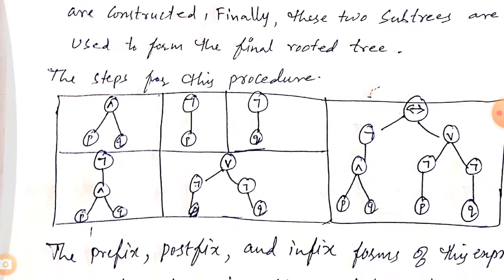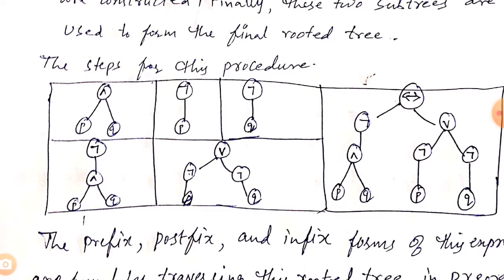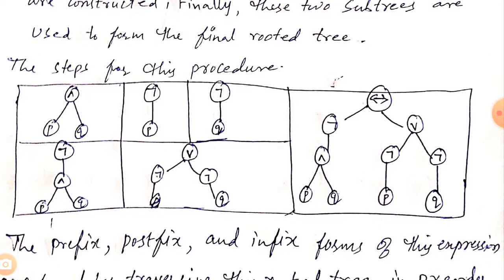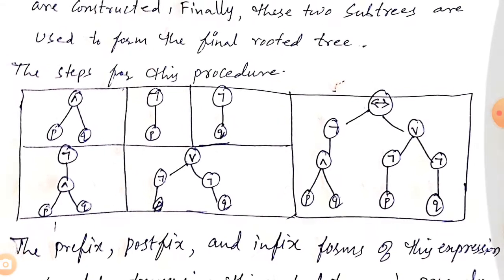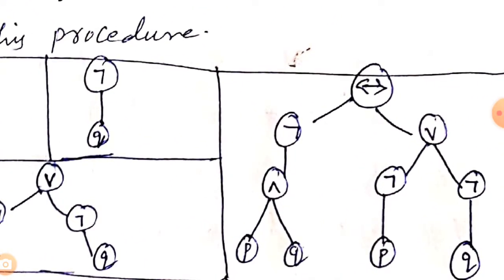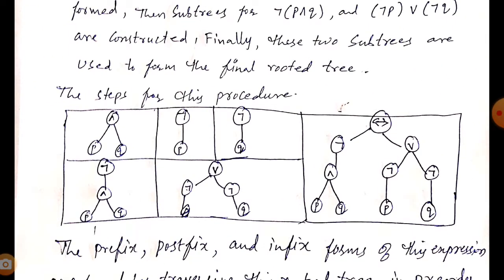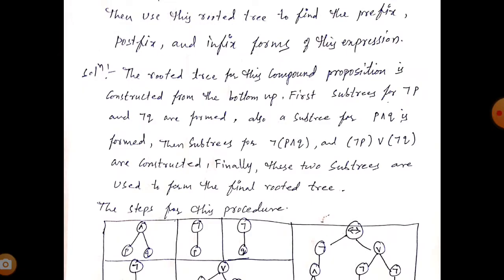Then all these are combined from leftmost to rightmost. Observe negation of P and Q, then negation P or negation Q are combined like this. So if and only if is the main root here. Like this, the expression we have to form here.